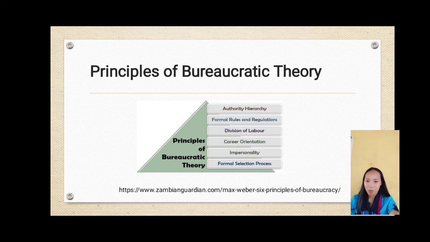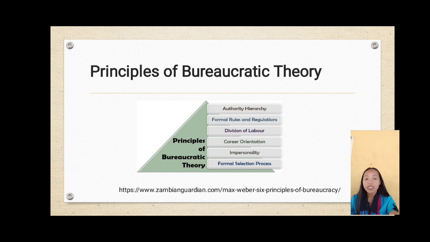This is the impersonality. In an organization, impersonal relations develop among the employees, which may lead to favoritism or nepotism. Whoever said that the application of rules and managerial decisions should be impartial and independent of such relations.